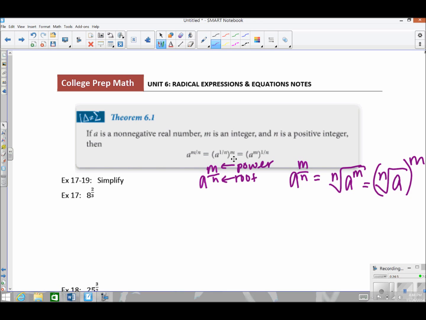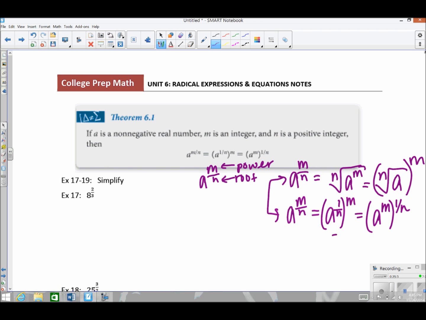So m over n, they're saying, well, this is the nth root of a, then raised to the m power. Or you could say a raised to the m power and the nth root of that. So these are really all equal. They're all equivalent, so you just kind of have to be aware of the differences and that you could see them and that they all end up being the same.